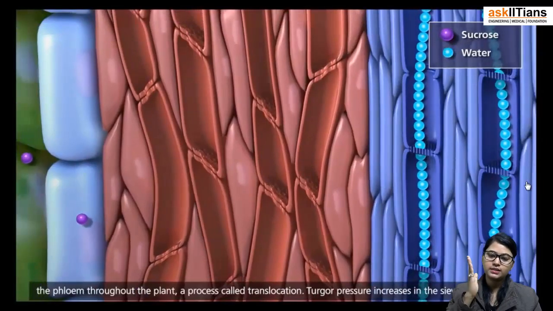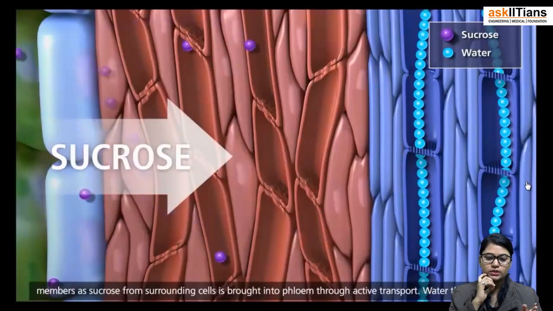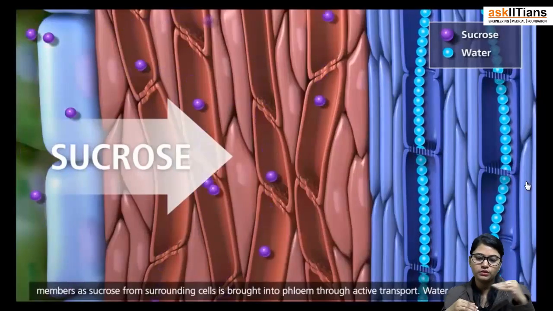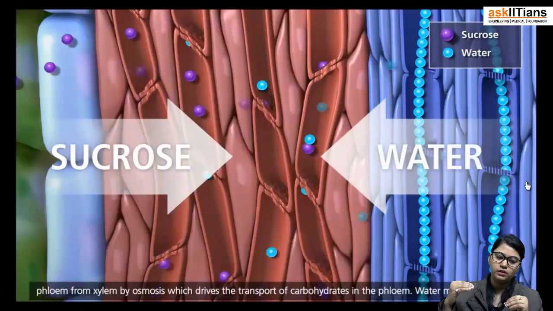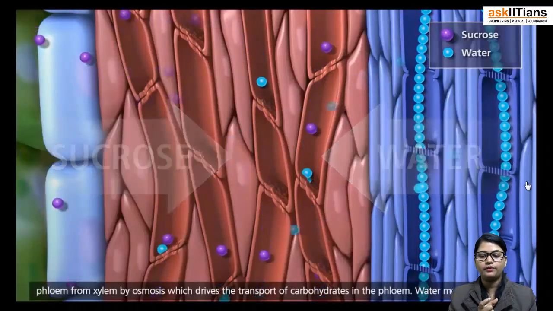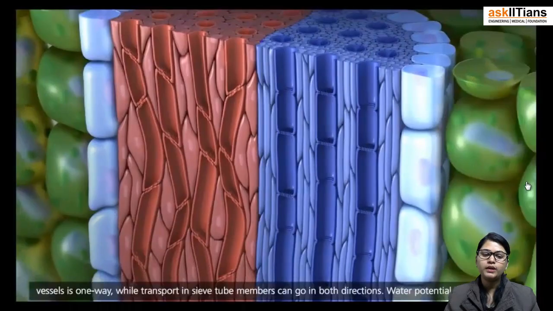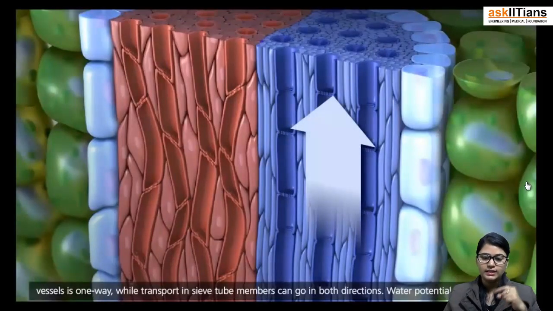Turgor pressure increases in the sieve tube members as sucrose from surrounding cells is brought into the phloem through active transport, and water then enters the phloem from the xylem by osmosis, which drives the transport of carbohydrates in the phloem. Water movement in xylem vessels is one way, while in sieve tube members it can go in both ways. Water potential is an important landmark for all these activities.